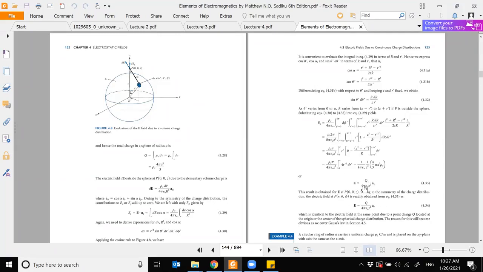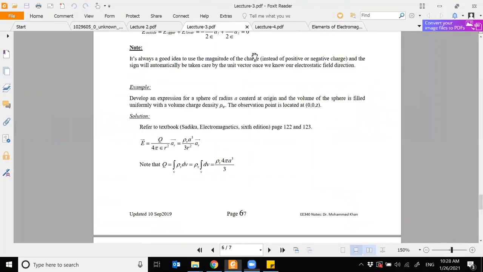R square aR. This is the general expression. Okay, so you can go through this example at your home. So this is the expression that you will get, which is Q over 4 pi epsilon R square aR.